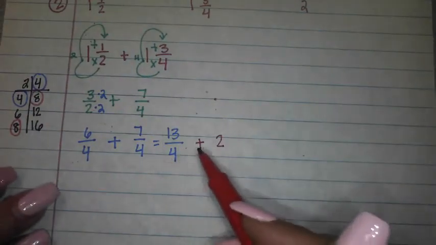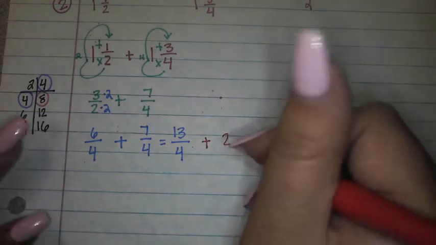Now, when I do 13 over 4 plus 2, that's a whole number, and I need to make that whole number into a fraction by doing 2 over 1. I'm going to rewrite it below so I see all my steps. So it's 13 over 4 plus 2 over 1.